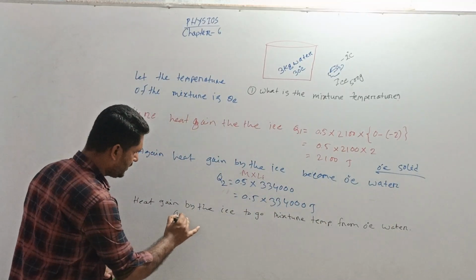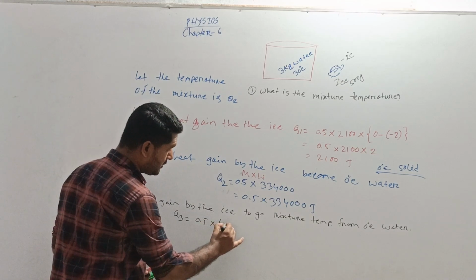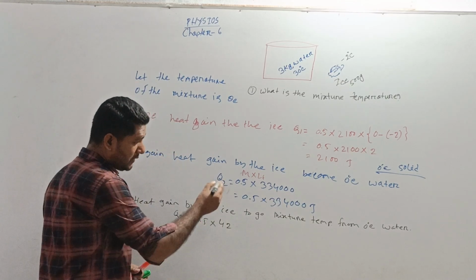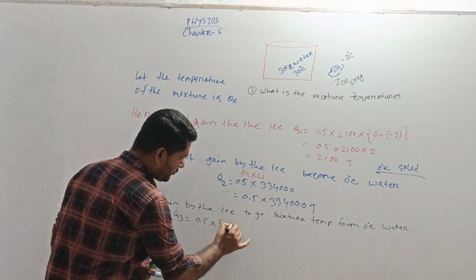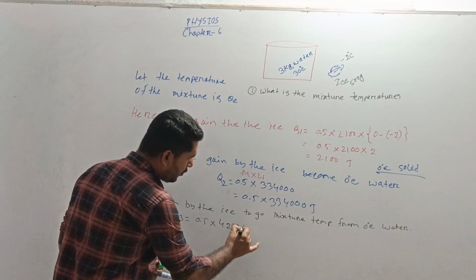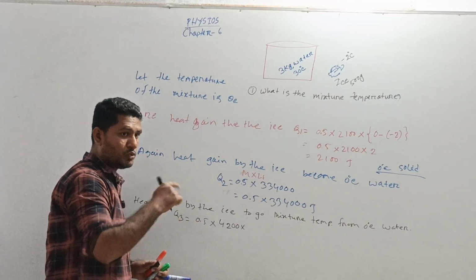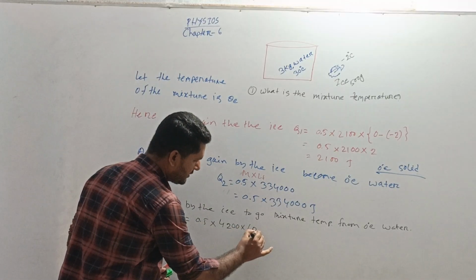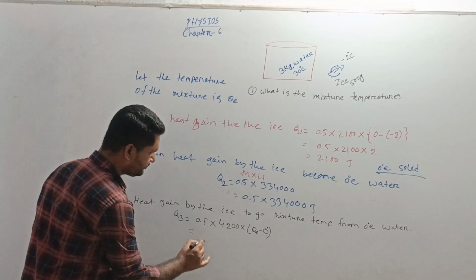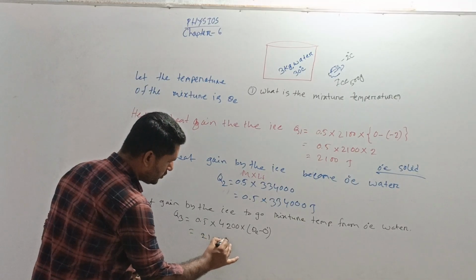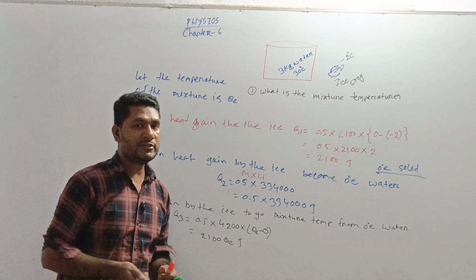Q3 will be the mass of ice, 0.5 kg, and the specific heat of water, because now the state of the ice is liquid, that means water. So we use the specific heat of water into the change of temperature, which goes from 0 to theta C, that means theta C minus 0 degree Celsius, and that will be 2100 theta C joule. In these 3 ways the ice will gain heat.